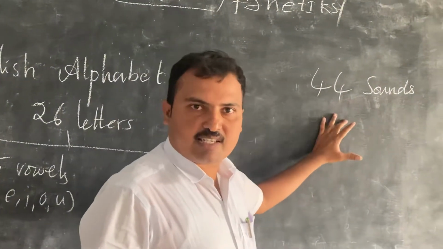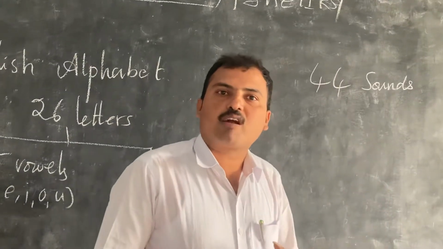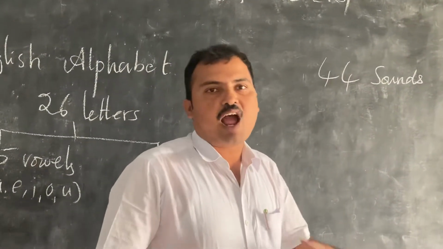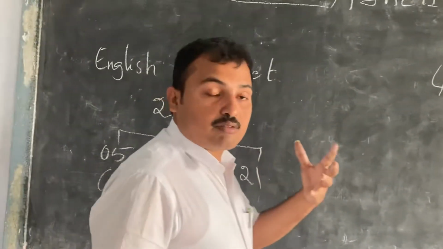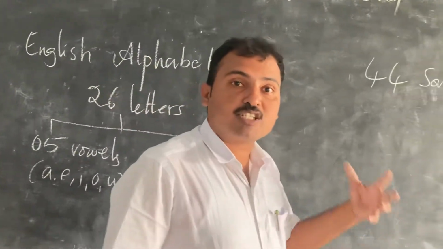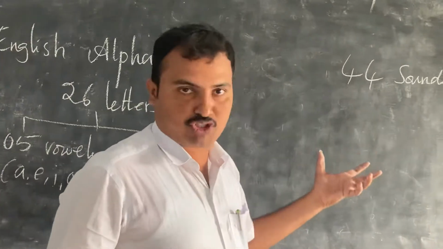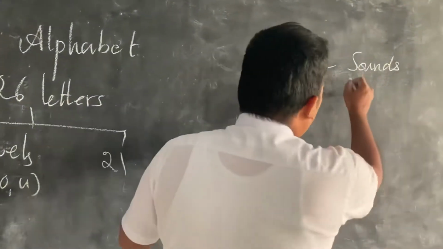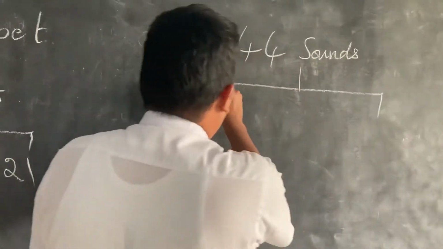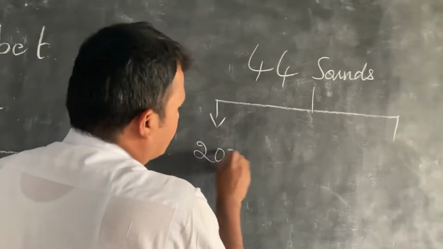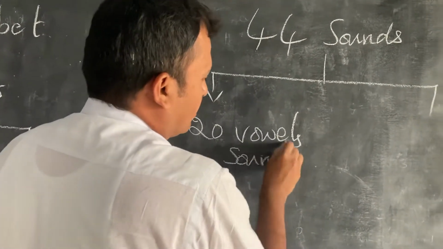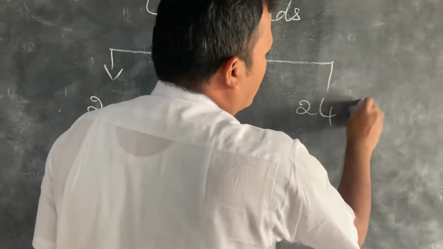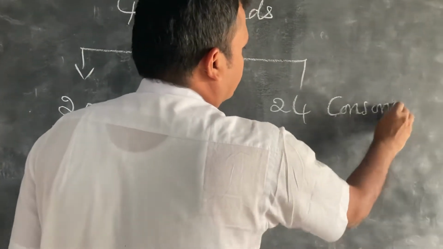It is for this reason there is no one-to-one correspondence between letters and sounds in the English language. See, out of 44 sounds, we have 20 vowel sounds and 24 consonant sounds.